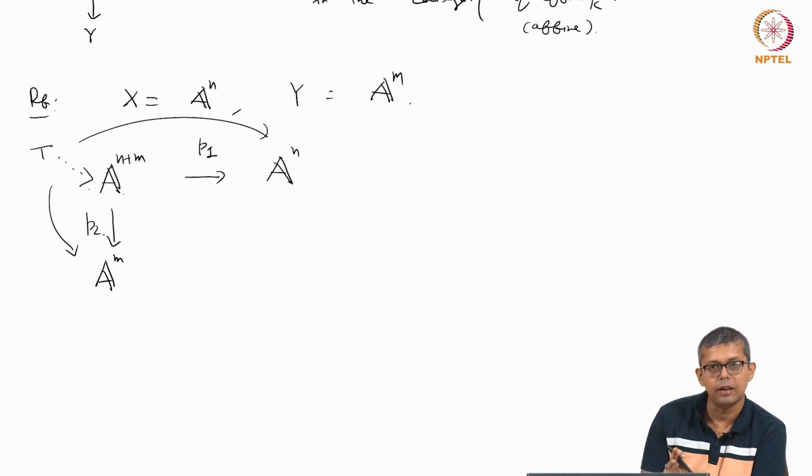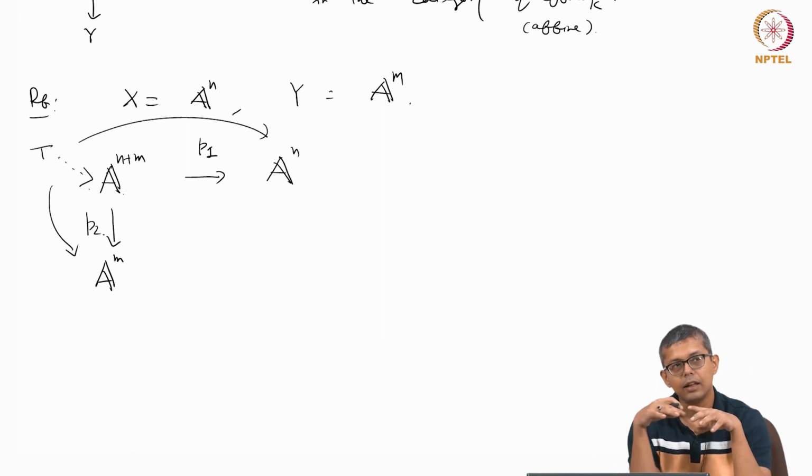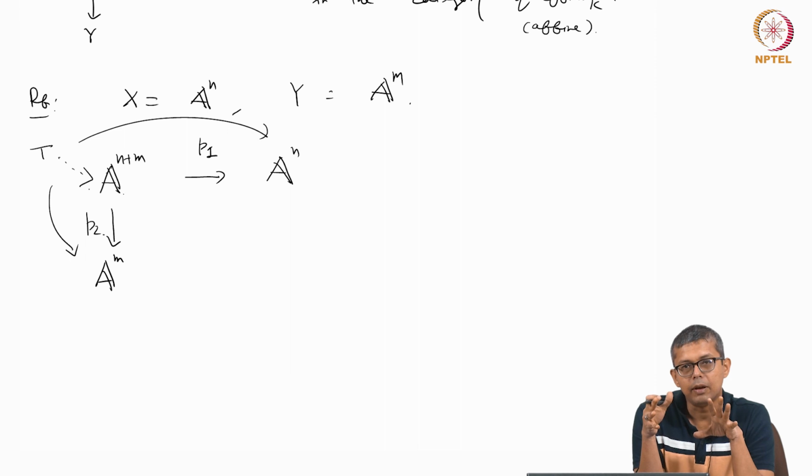correspond to maps of finitely generated algebras. The category of affine varieties and the category of finitely generated algebras are equivalent categories, right?